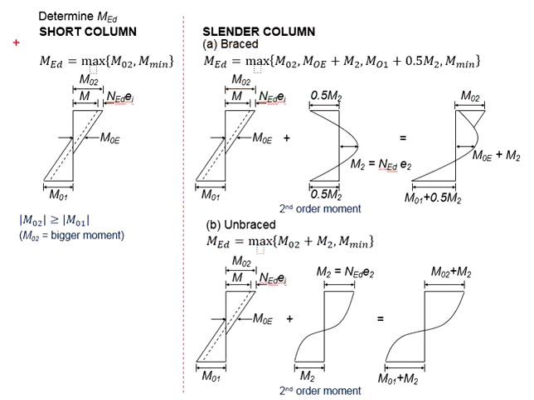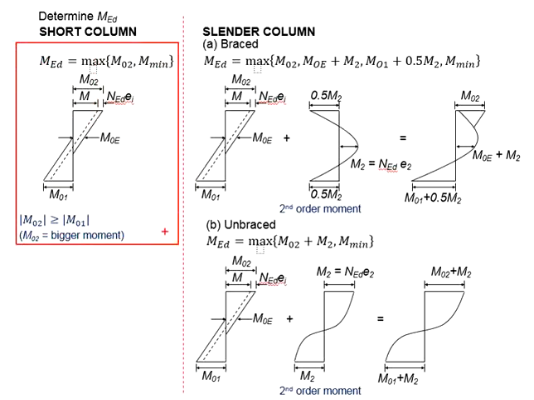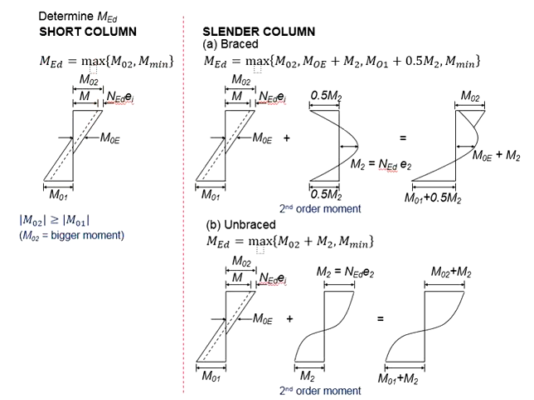The calculations for the short column are relatively straightforward. You only need to get the moment acting onto the column plus the moment due to the imperfections. The calculations for the slender column will be more tedious, since on top of the first order moment, you will need to calculate the second order moment.